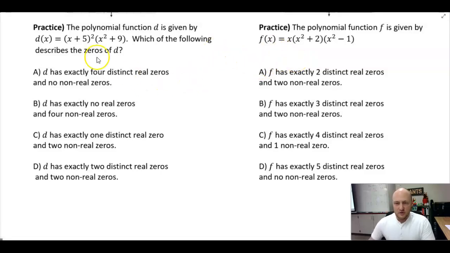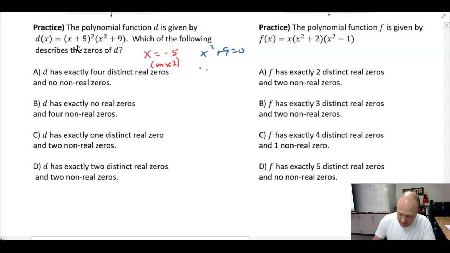For these examples, notice I have a factor here, x plus 5 squared. That means x equals negative 5, multiplicity 2. For the other factor, x squared plus 9, if you set this equal to 0, you get x equals plus or minus 3i. So that's imaginary. Some vocabulary we need to talk about is the word distinct.